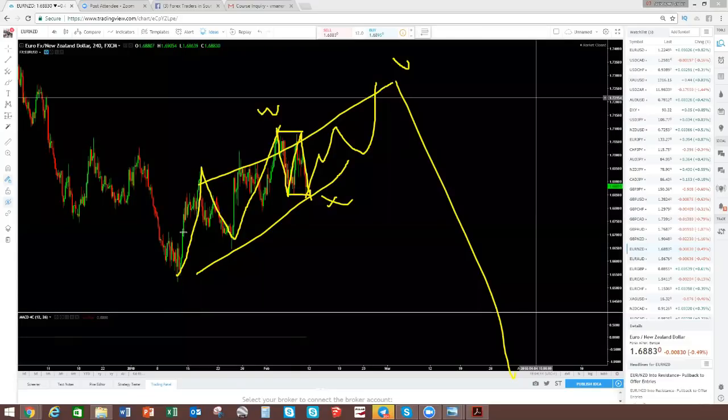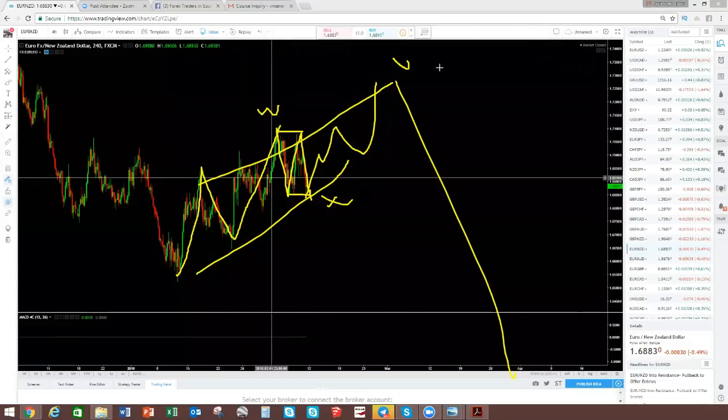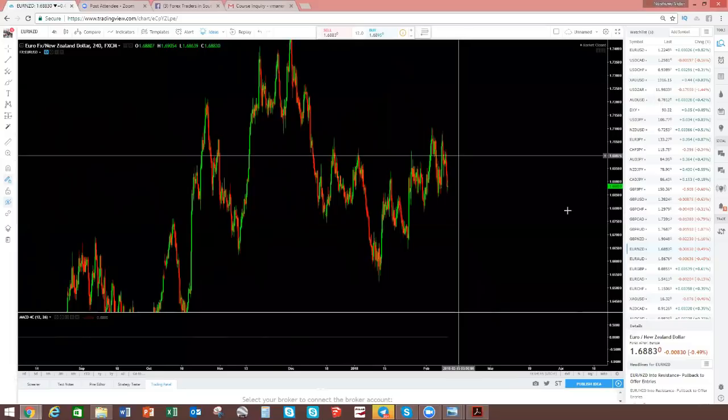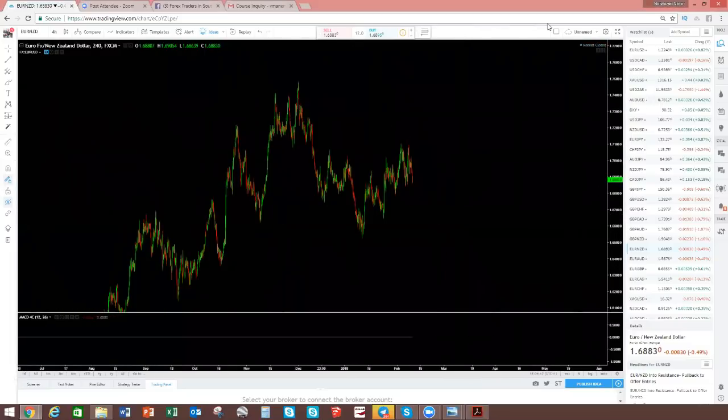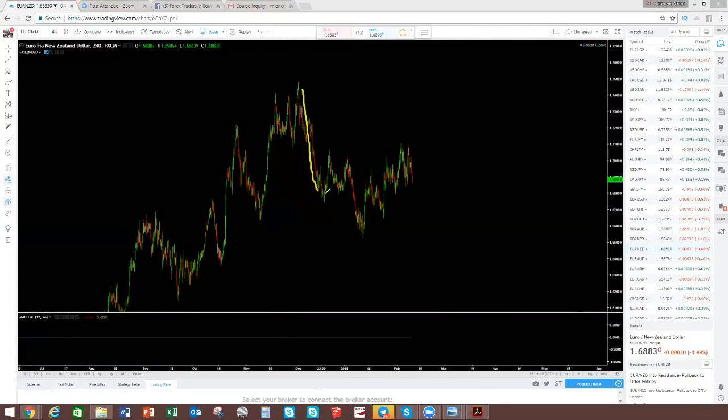So let me show you why this is a correction. This is a correction because this is your move down. And this is what your correction is starting to do now. 1, 2. It doesn't look like it will come take this top at this stage.